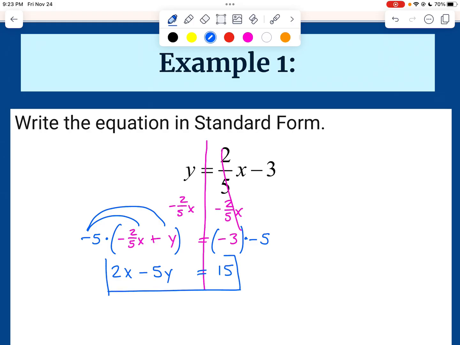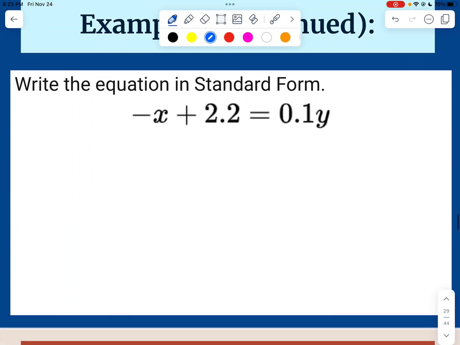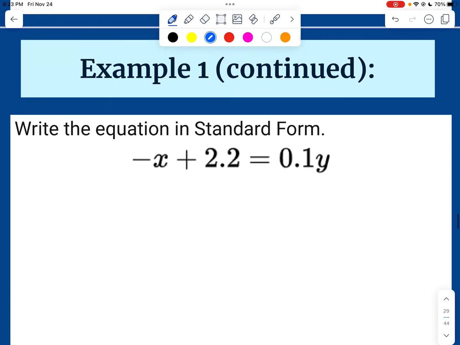We have all integers, 2, negative 5, and 15. And our leading term with x is positive, and x and y are on the same side. We've checked off all of the boxes. It's in standard form.